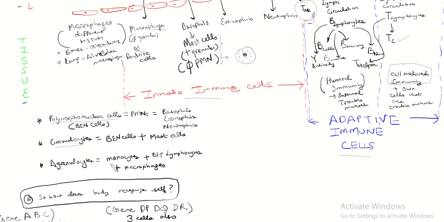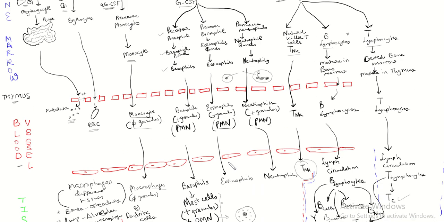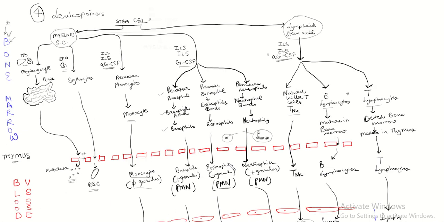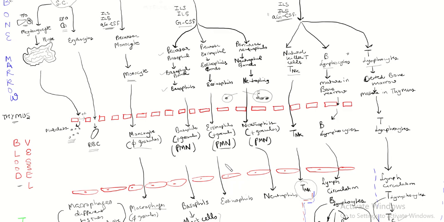What about agranulocytes? All the monocytes, right? And then the monocytes have macrophages and dendritic cells, and then B and T lymphocytes and the natural killer cells. These are all agranulocytes. Okay? So these are the cells. These are our soldiers and how they're organized. And immunity is essentially a study of soldiers and chemicals and how they interact with debris.